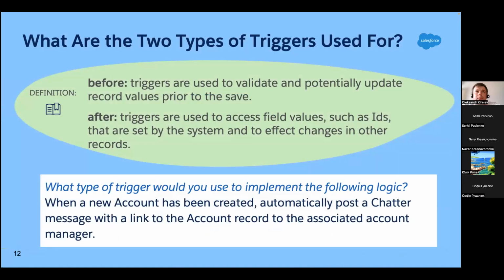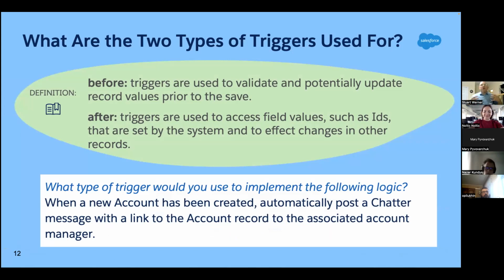So we noticed that there were two types of triggers when you're either in our record trigger flow or Apex trigger. We have the before trigger and the after trigger. And it doesn't necessarily mean a point in time. It means what can we do to the data that we have.